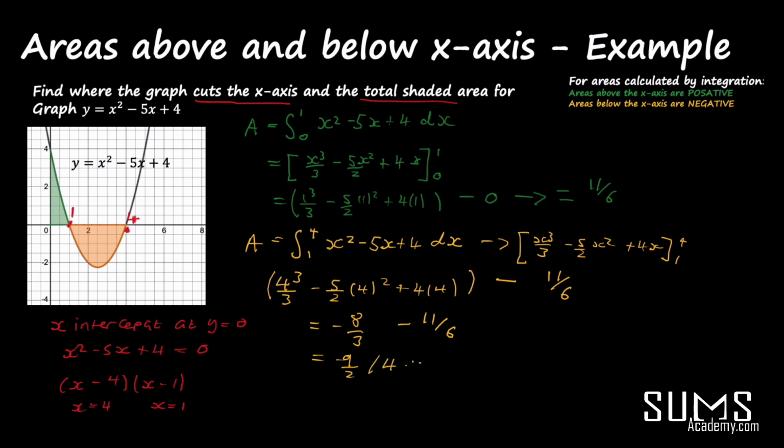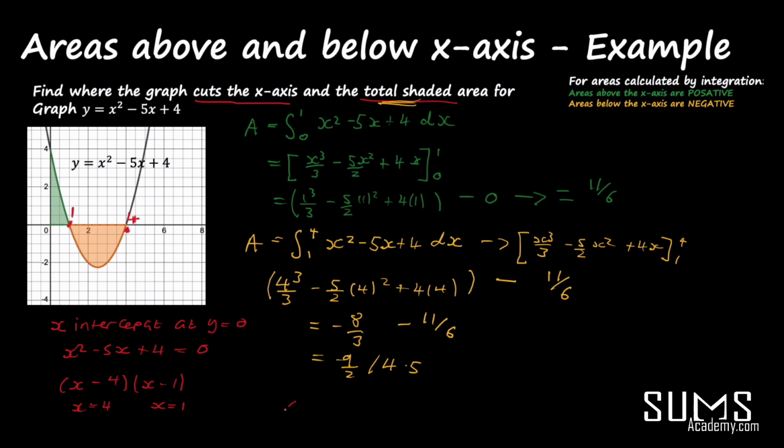But we're not done just yet because we wanted the total shaded area. So we still need to do this final step. Even though this area came out as negative, if you remember from our previous lesson, we treat it as positive because we're interested in the total shaded area. We're not worried about the sign of it.